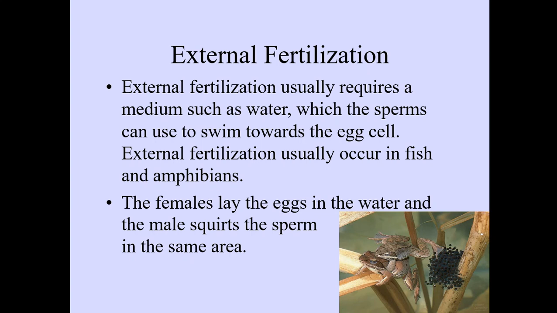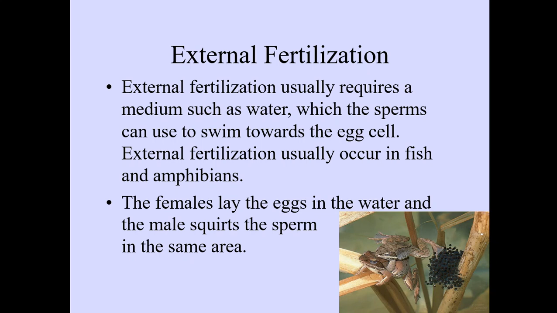Okay? For external fertilization naman, class, sa labas. This is notable for fish and amphibians. External fertilization usually requires a medium. Pag sinabing medium, doon mo ilalagay yung egg or sperm mo. Example nito yung water, which the sperms can use to swim towards the egg cell.